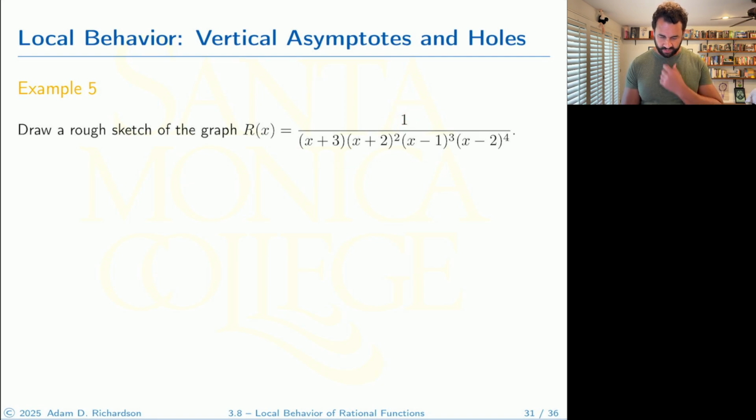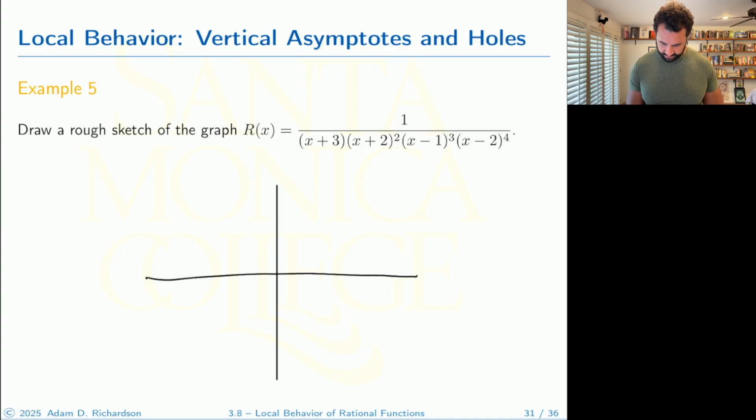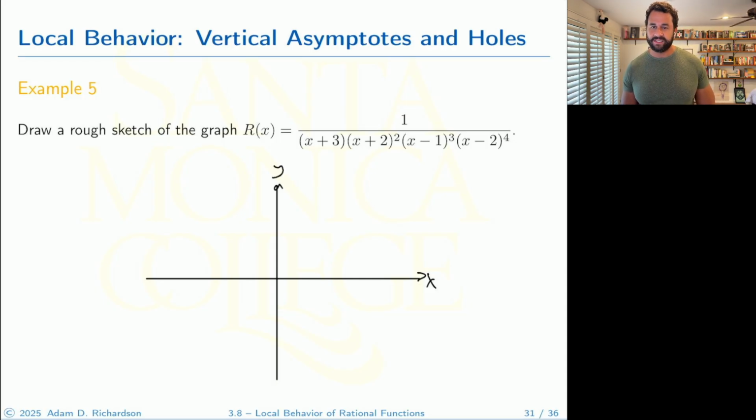So let's start by drawing the axes. Here we go, x, y. Now let's plot our asymptotes. Looks like we're going to have an asymptote at -3, -2, 1, and 2.